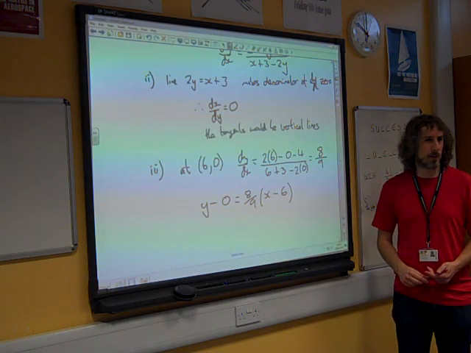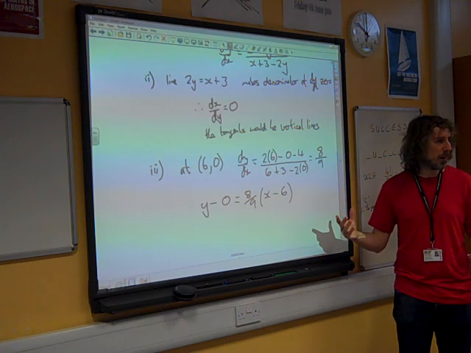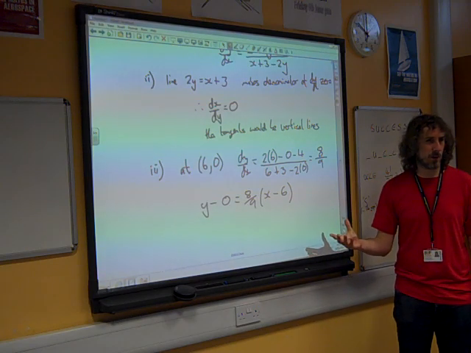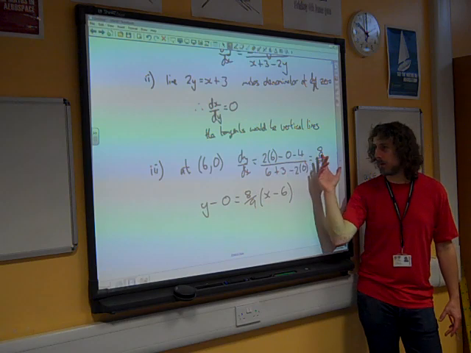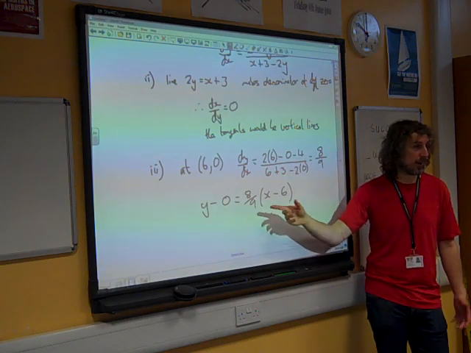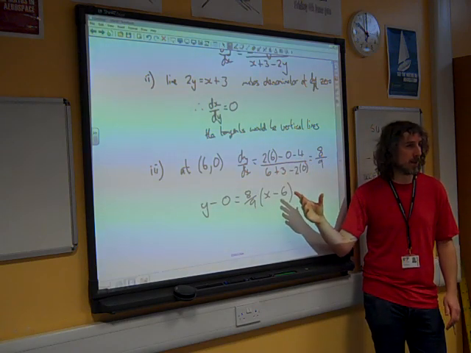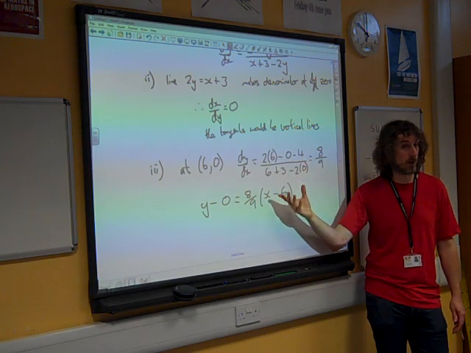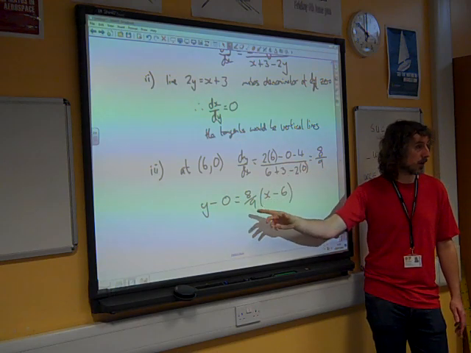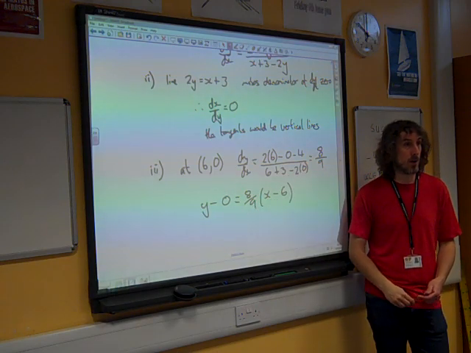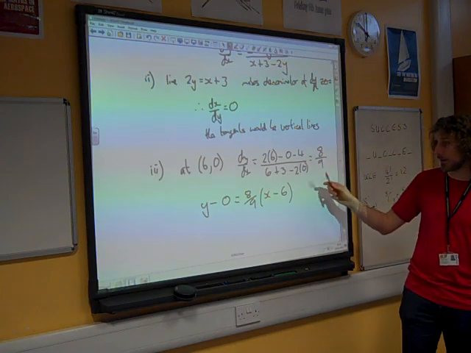Remember being careful about the language here. Some of my Lower 6 students this year seem to have got into a habit of always finding the negative reciprocal, because that's one of the tricks we pull. That's if we were finding the normal to the curve, to get the perpendicular gradient. We're just doing the tangent, so we want that gradient.